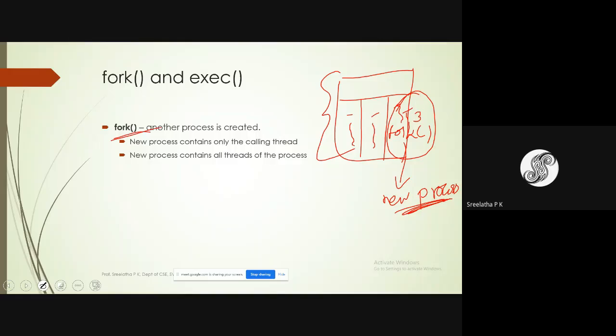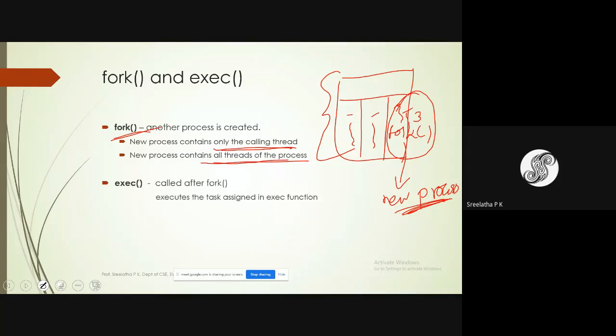If fork is called, a new process is created. How must the new process be? It can contain only the calling thread, a copy of the calling thread, or it can be a copy of the whole process with all the threads created in it. Okay, so that is the fork system call when a thread calls it.